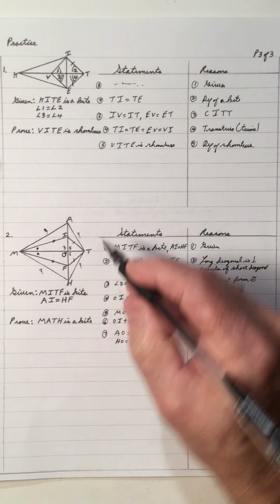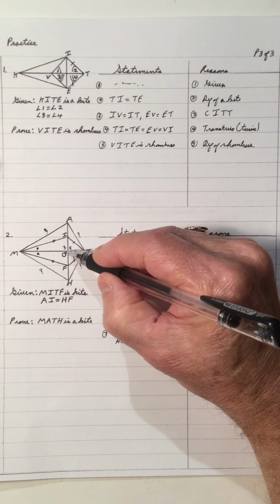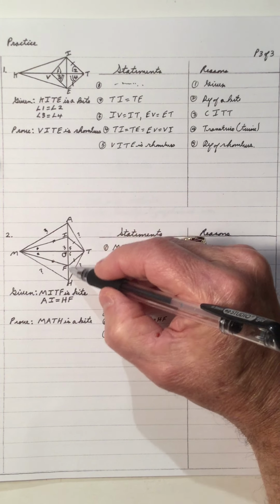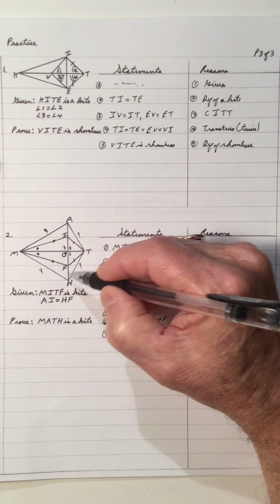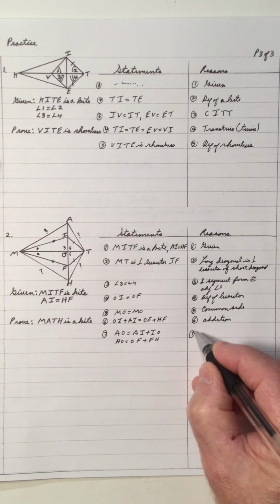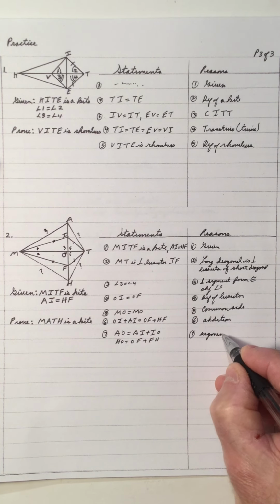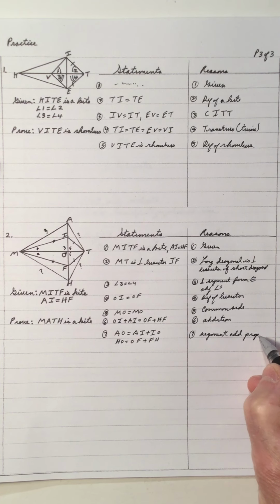What we're saying is that AO is this segment, made up of AI plus IO, and HO is made up of OF and FH, and that's the segment addition property.